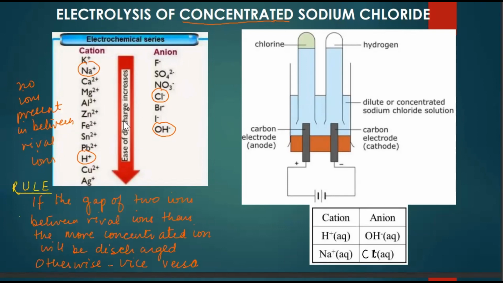So the rule for the discharge in the case of concentrated is that we have to look at the number of ions which are present between the rival ions.